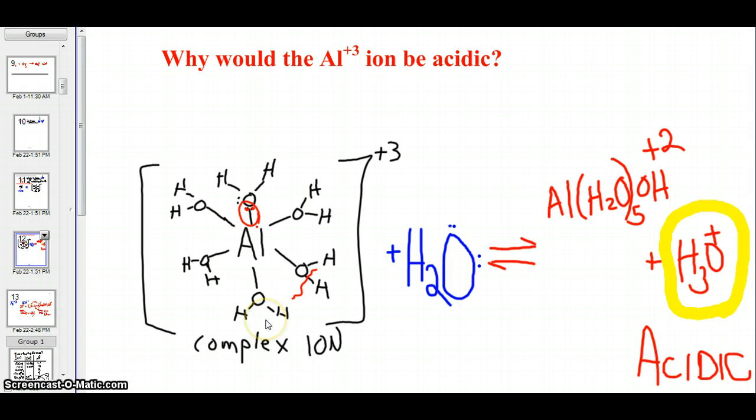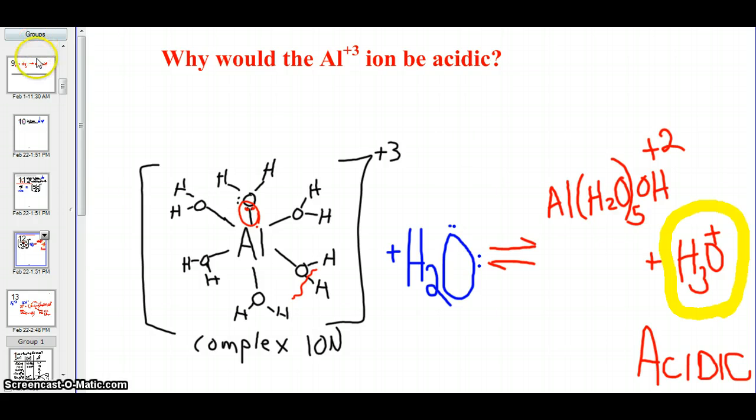So Lewis acid and Bronsted-Lowry acid on this complex ion. And in this case, the water is serving as the base, both the Bronsted-Lowry and the Lewis base. Again, you have to be attentive to the detail of the charges of the ion to get this figured out, but practice this a bit more and I think it'll become a little bit easier to understand.